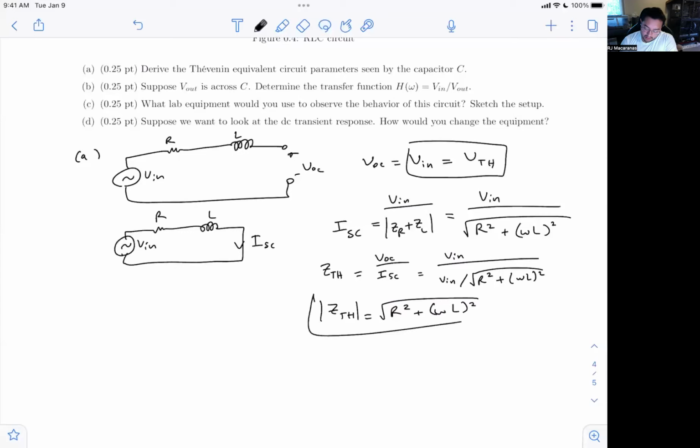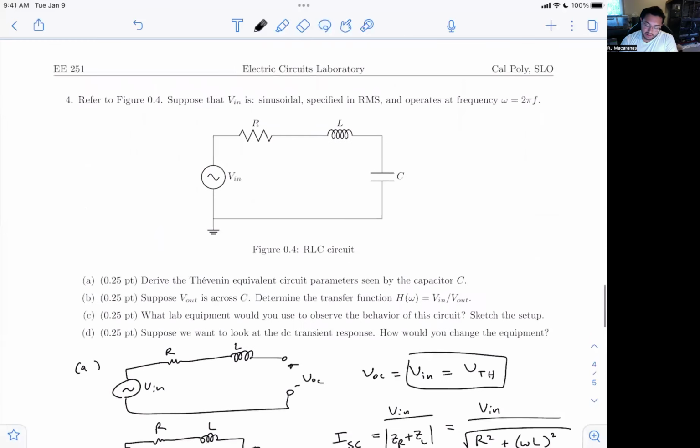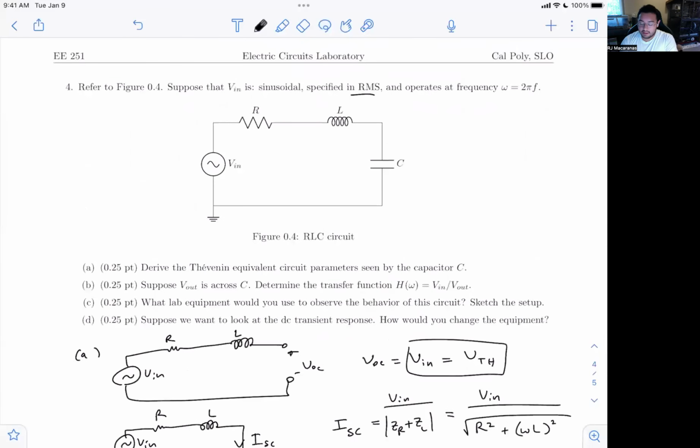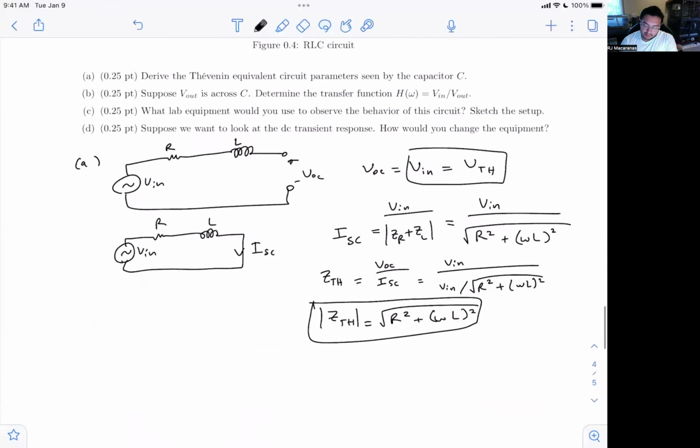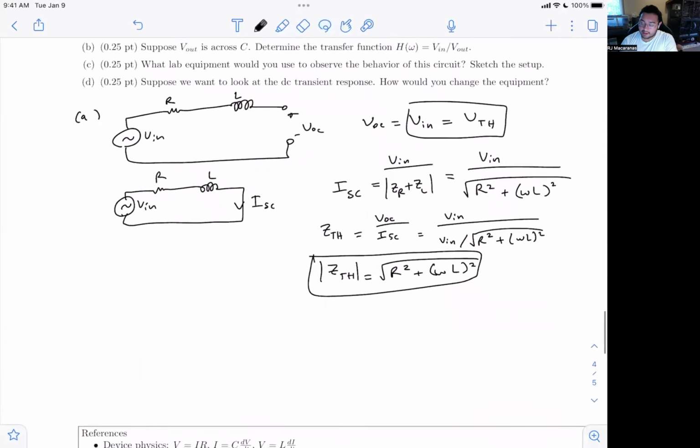I'll just box this up, and we're using magnitudes because the input voltage is specified in RMS, right? RMS is a measure of the average, the root mean square, and when we have root mean square, we lose track of the frequency. And so we need to use the magnitude of the impedance instead of the complex components.